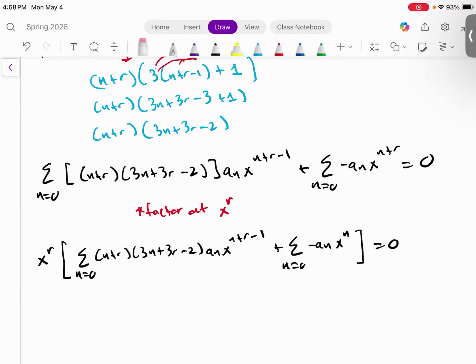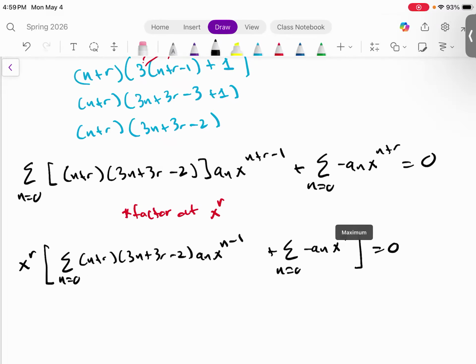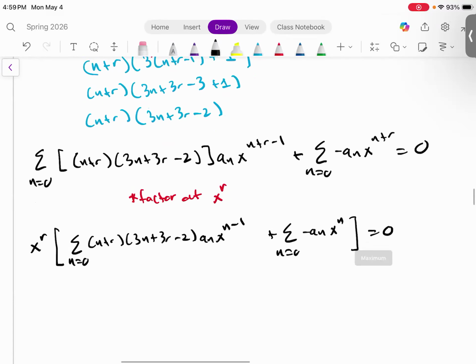Oh, excuse me, we're factoring out an x to the r, so I accidentally wrote r again right here. Apologies. Just trying to make sure I account for everything so I don't miss anything. But yes, we factor out an x to the r, so this is our line right now.